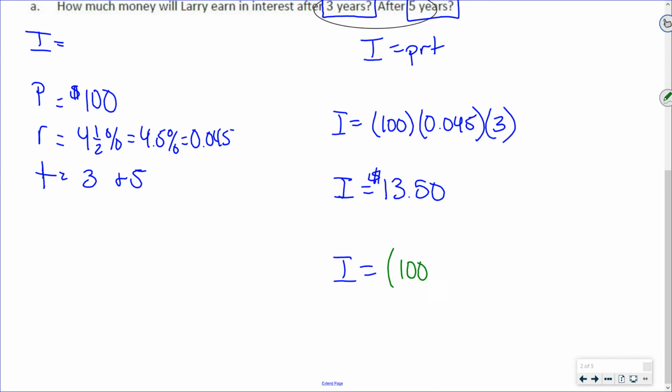So 100 times 0.045, let's make sure we get that point in there, times 5 instead. So 100 times 0.045 times 5 gives me 22.5. So 22.5 is going to be my answer, or that's $22.50.